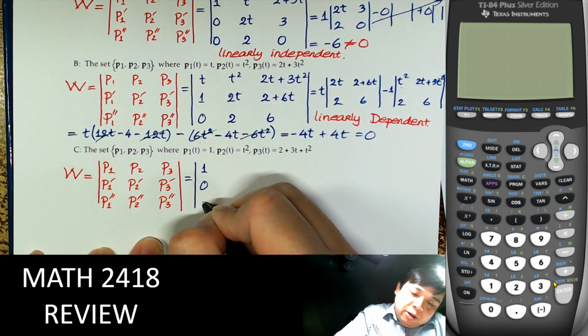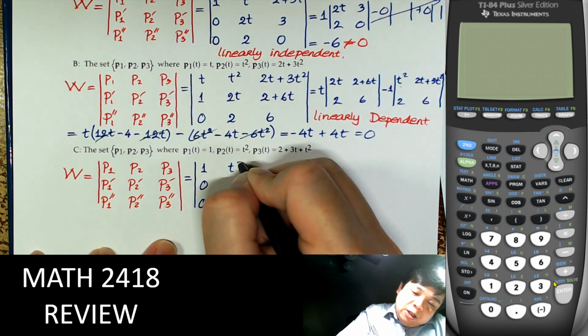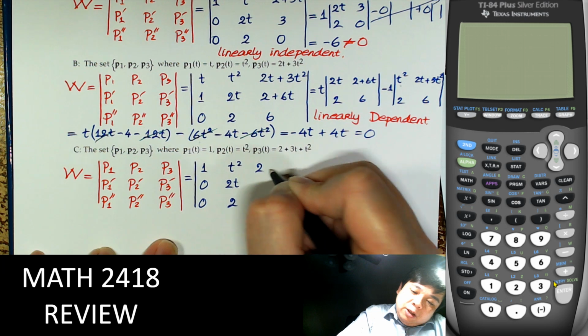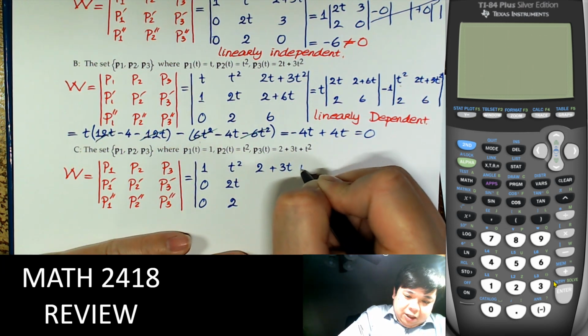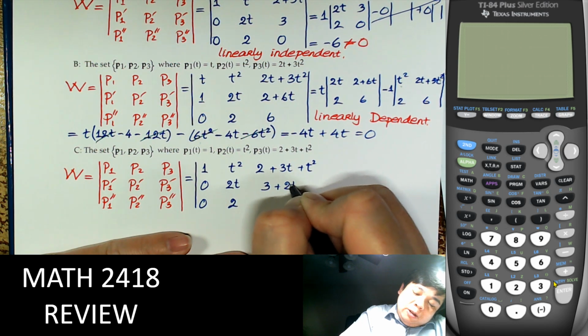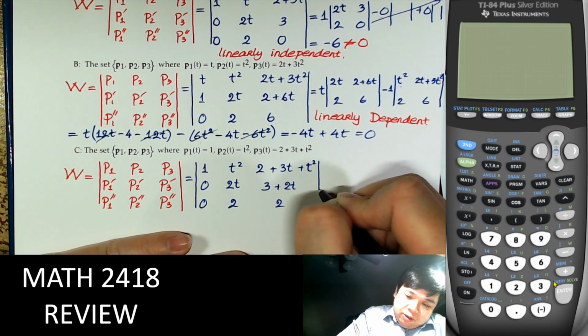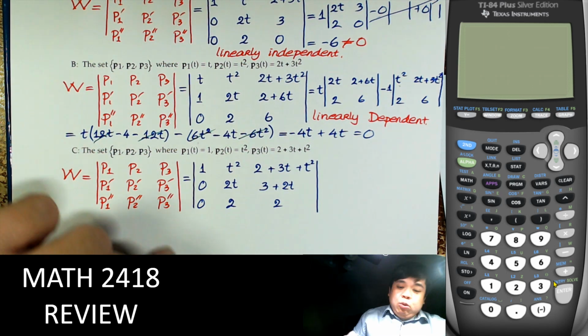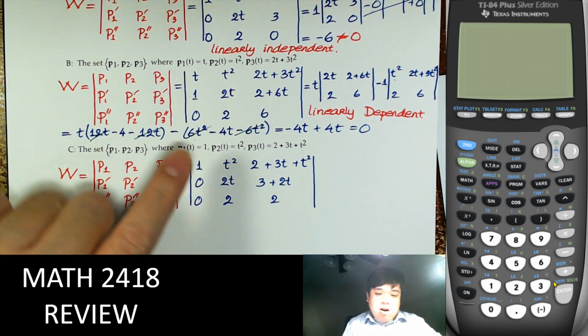One, 0, 0, t squared, 2t, and 2. This is P3. Take the derivative again, 2. Right. Now we expand using the first column.